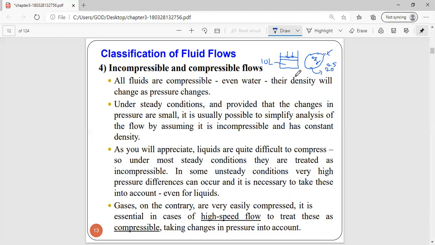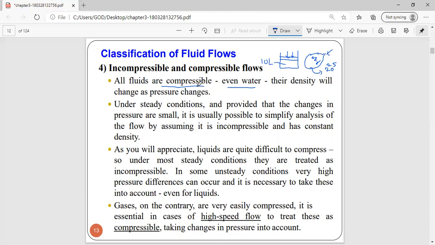In fluids, there are two types based on your compression, your density change: compressible fluid and incompressible fluid. First, all fluids are compressible. Even water is compressible, but we will consider water as a standard fluid. That's why, at 4 degrees centigrade only, water is considered a standard fluid.